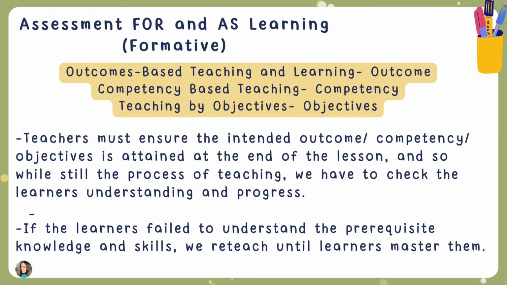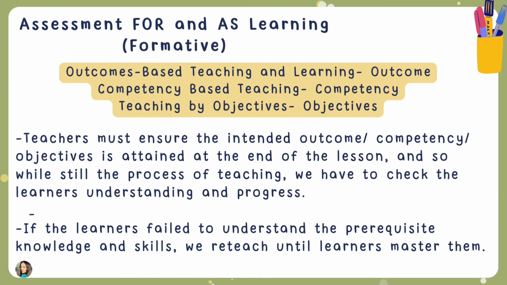As a future educator, for me, we cannot immediately jump to another topic if the students fail to understand the initial topic because, as I have mentioned, there are prerequisite topics that are relevant to the following ones. So it has to be established because it will be assessed at the end, called the summative.